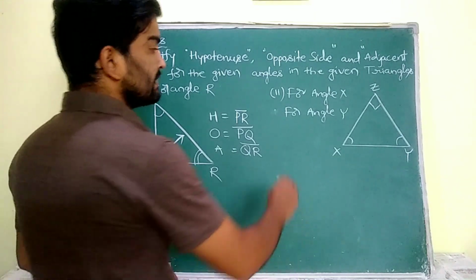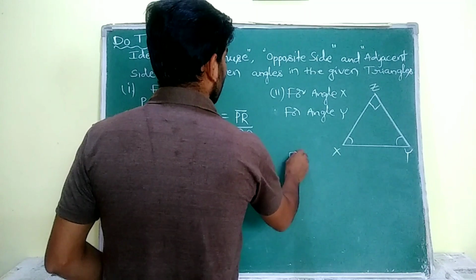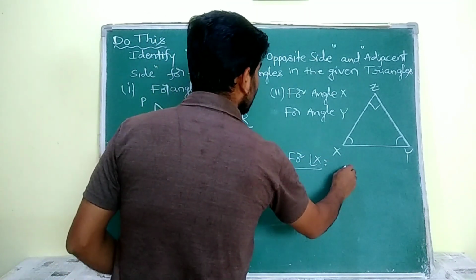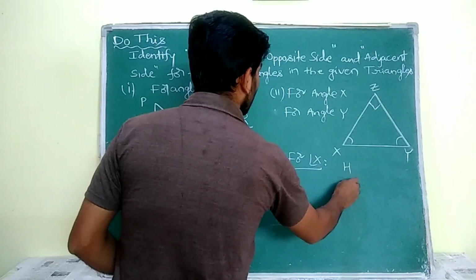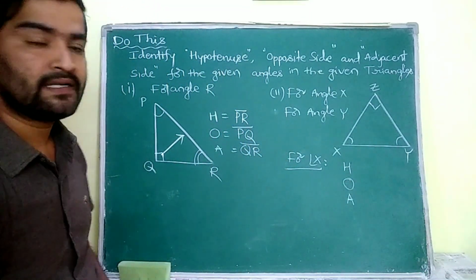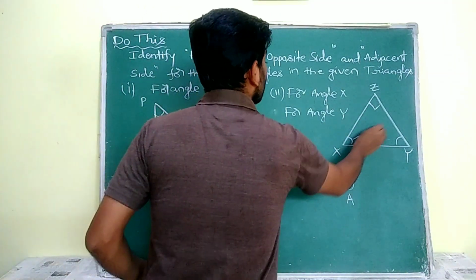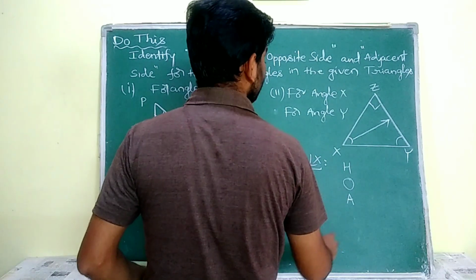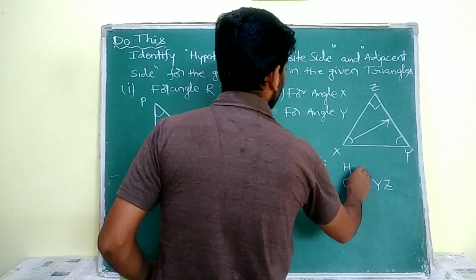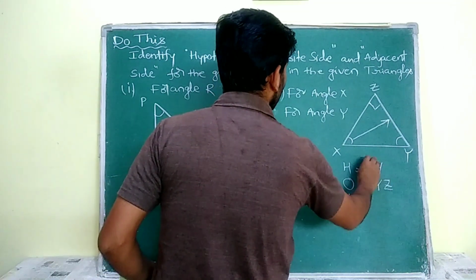Now in the second triangle, for angle X we are going to write first. For angle X, what is the hypotenuse, the opposite side and the adjacent side? For angle X, the opposite side is YZ. We know that the hypotenuse means the side opposite to that 90 degrees, that is XY.